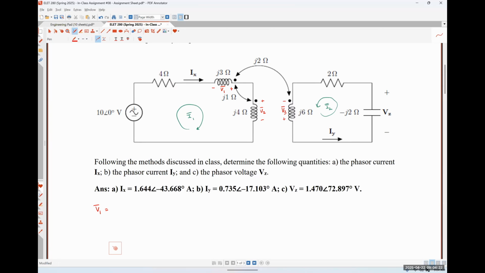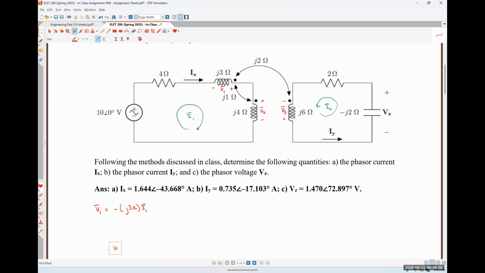So is that true? No, right? So the positive polarity terminal is at the dotted terminal, but our mesh current is flowing into the undotted terminal, which means I'm going to have a factor of negative, and now I'm just going to express my frequency domain voltage using Ohm's law. So that's going to be my impedance, J3 ohms, times my mesh current of I1.